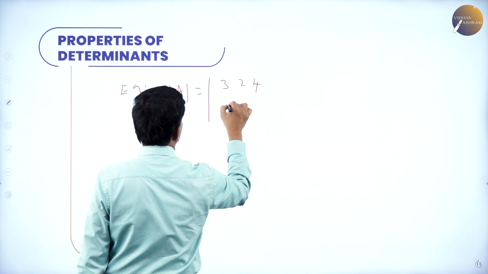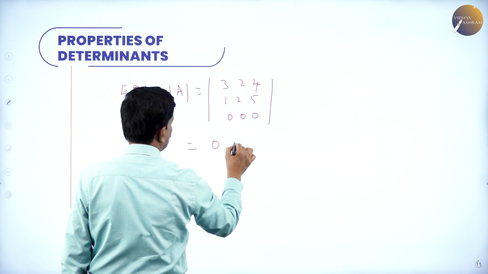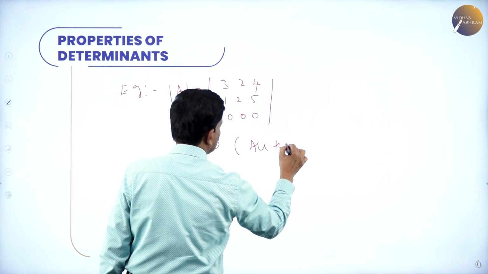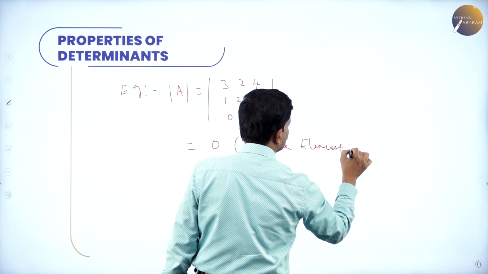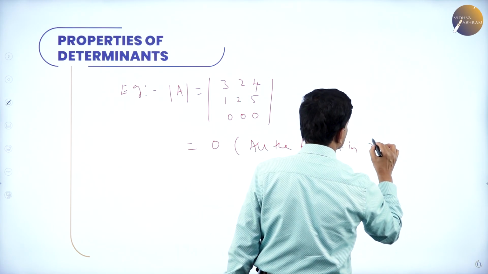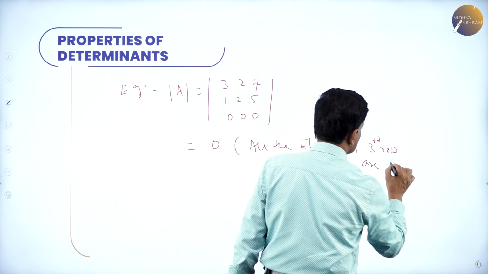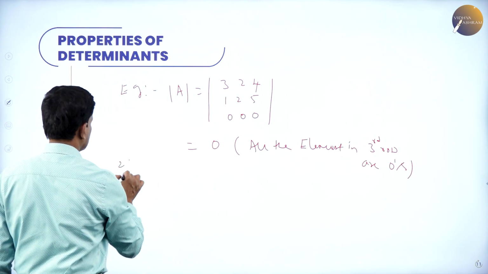3, 2, 4, 1, 2, 5, 0, 0, 0. Then the value of this determinant is 0 because all the elements in the third row are zeros. Another example, let us take one more example.